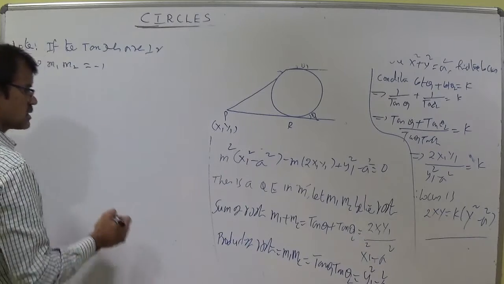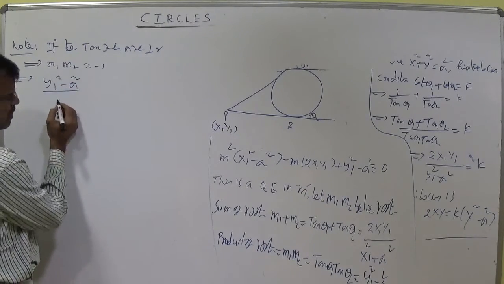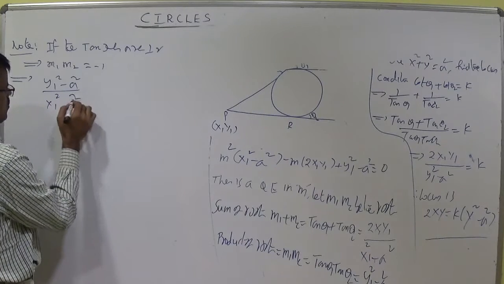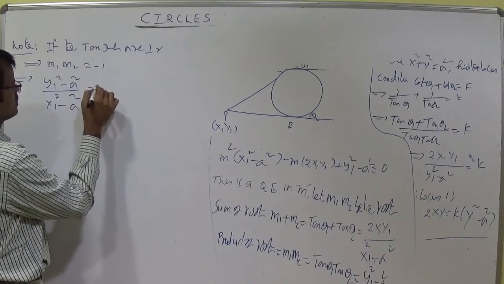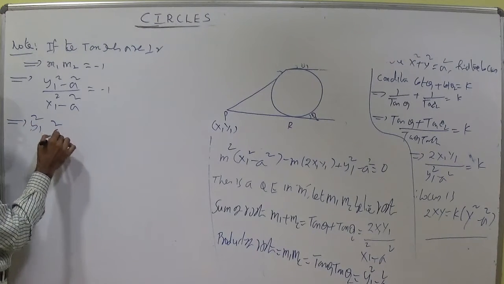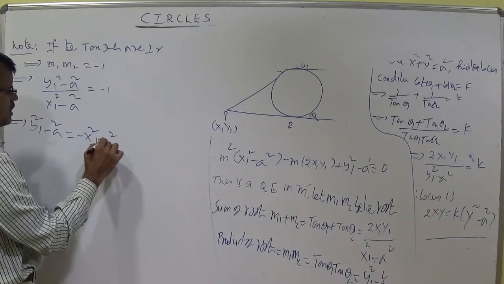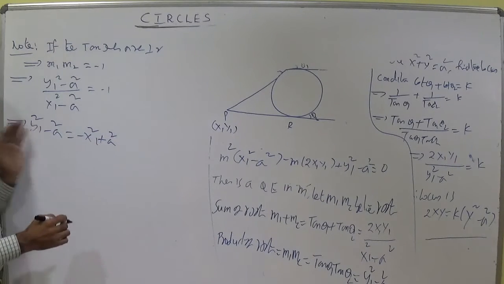Depends upon this sum, you can write y1 square minus a square by x1 square minus a square equal to minus 1. That implies y1 square minus a square is equal to minus x1 square plus a square.